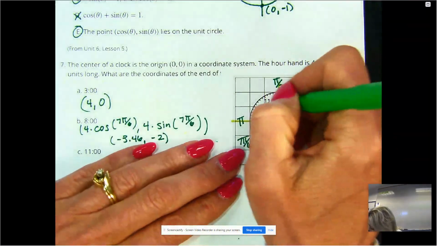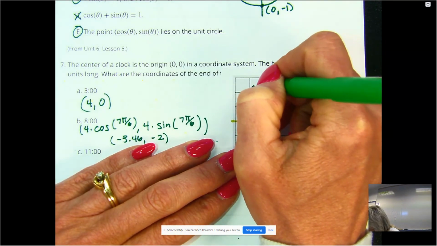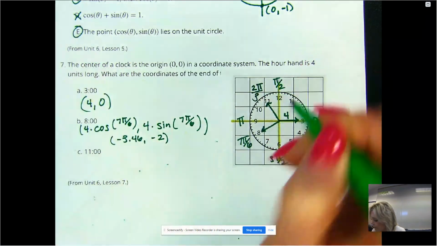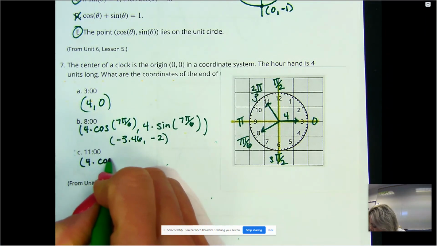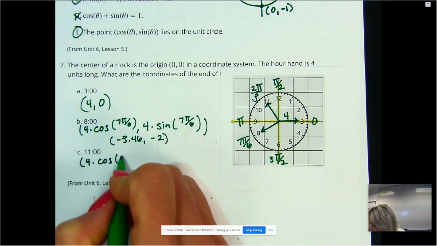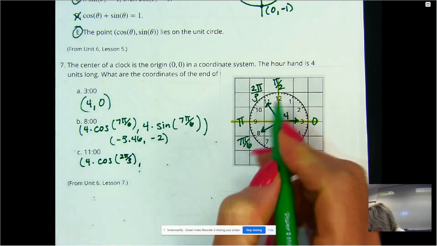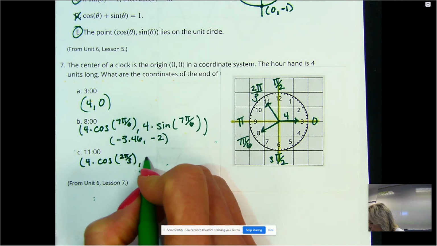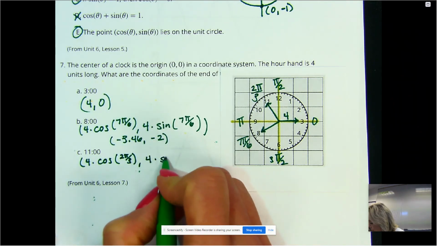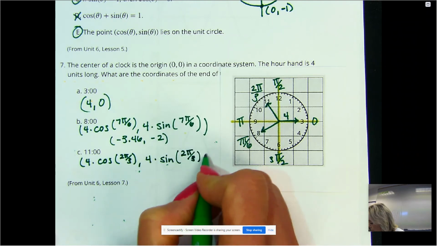And so knowing that this is 2 pi over 3, the exact coordinates are going to be 4 times the cosine of 2 pi over 3, comma, and then 4 times the sine of 2 pi over 3.